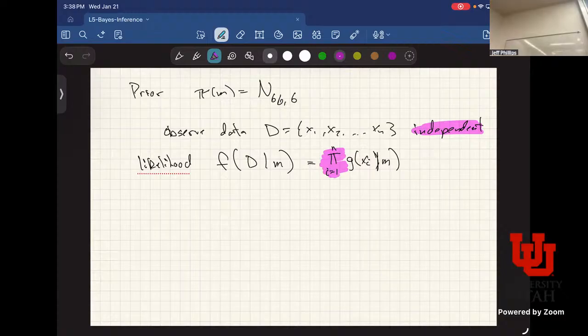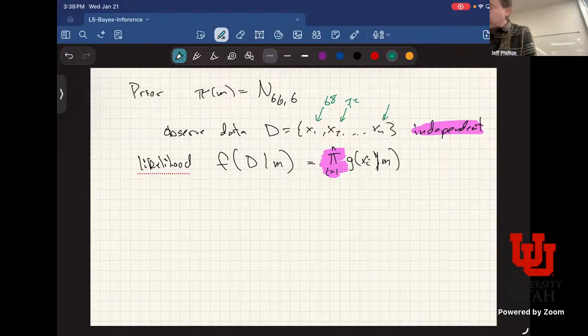Now I need to ask, what is the likelihood for a given choice of the model, 66 inches or 65 inches? What's the likelihood I saw a particular data point? These are actual observations. This might be 68 inches, this might be 72, this might be 63 inches. I get a bunch of these actual values in here.